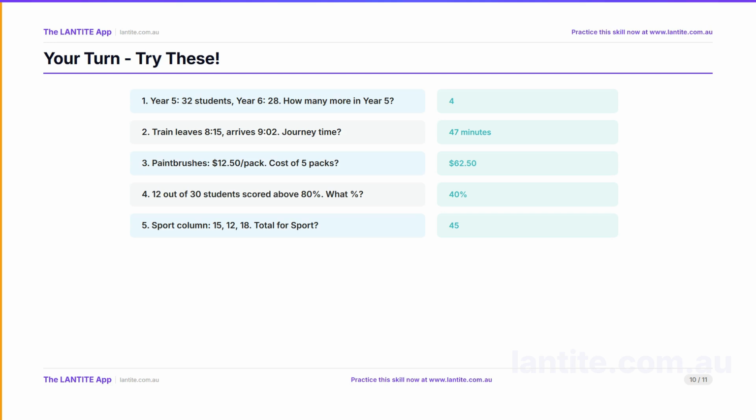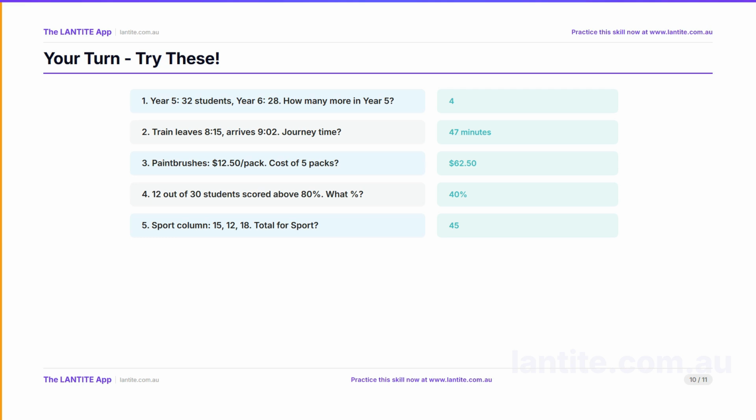Now it's your turn. Pause the video and try these 5 problems. Problem 1. In a table, Year 5 has 32 students, and Year 6 has 28. How many more does Year 5 have? Problem 2. A train leaves at 8:15 and arrives at 9:02. How long is the journey?